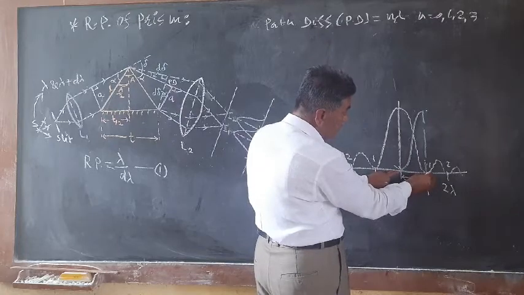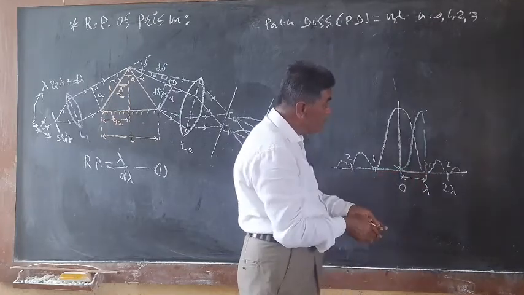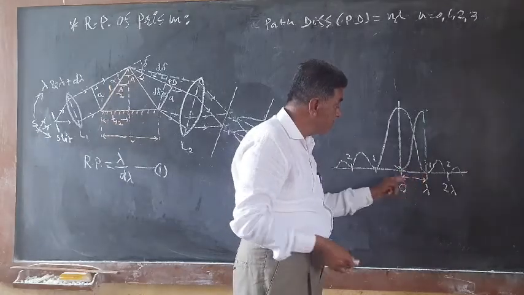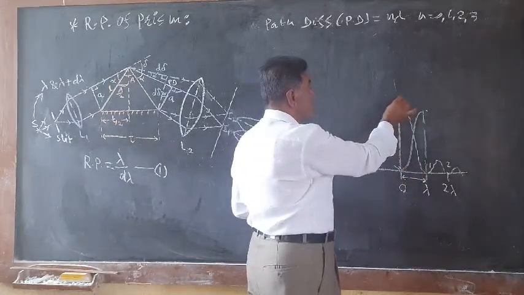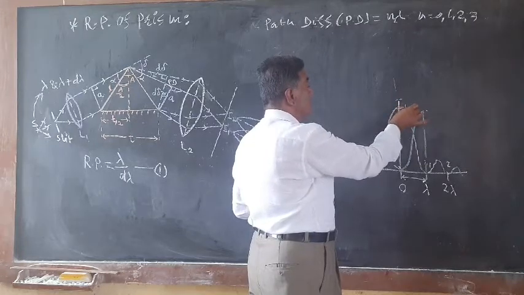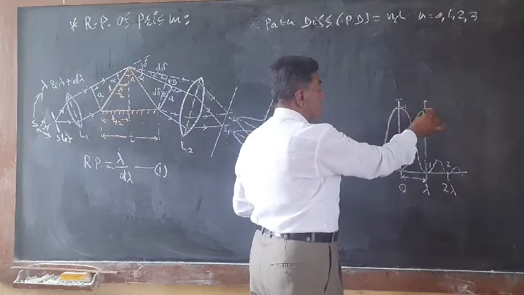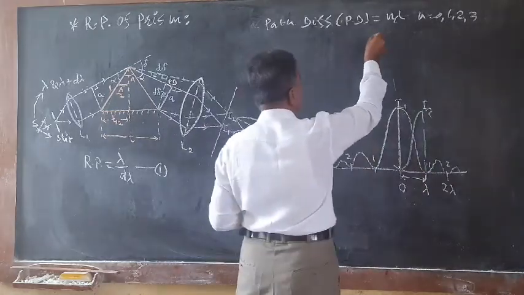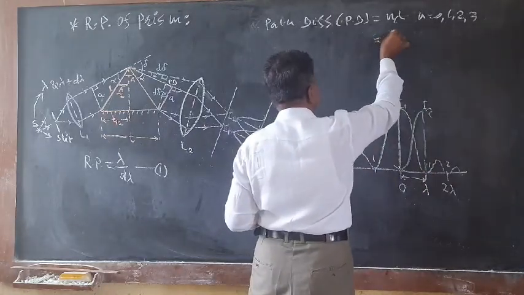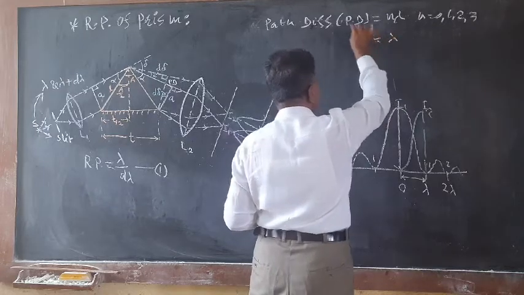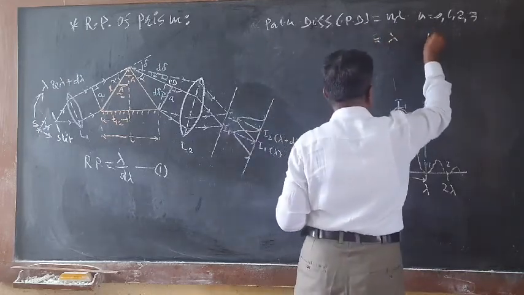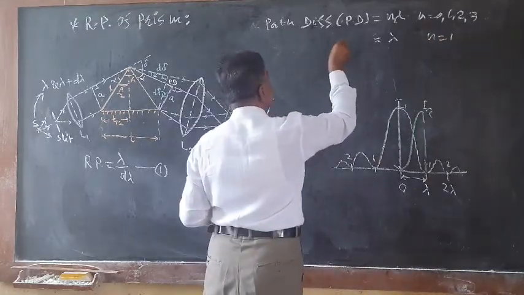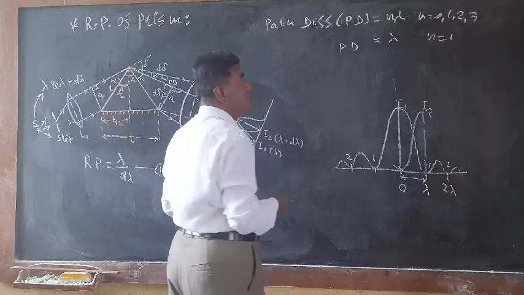When this Rayleigh's criterion is satisfied, the path difference between these two, I1 and I2, must be equal to lambda. Because we put n equal to 1 in the general equation above, for the first secondary minimum the path difference should be equal to lambda.